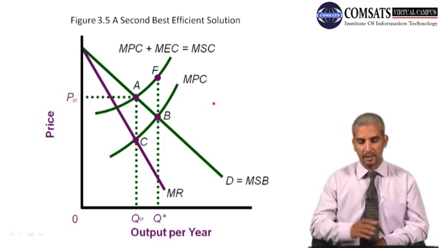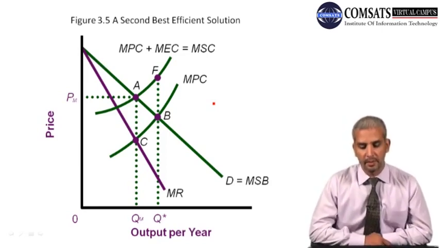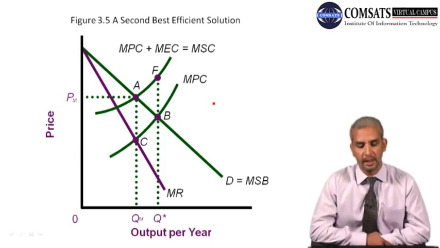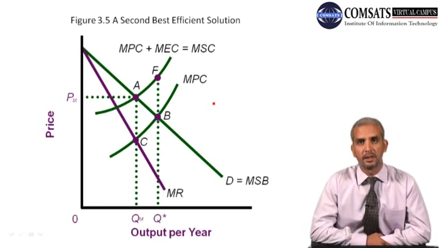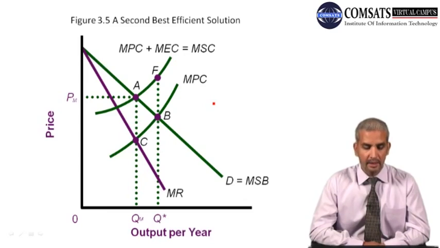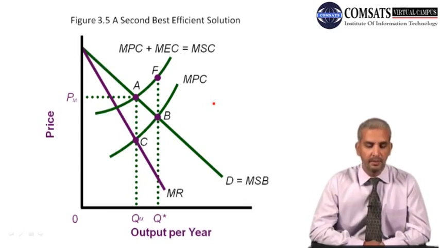Now in this case, first there is a marginal private cost, and we are not considering any external cost over here. Marginal private cost is equal to marginal revenue, and the point of intersection is C, and the quantity being produced by the monopolist is QM. At that point, the price being charged is at point A, which is PM.